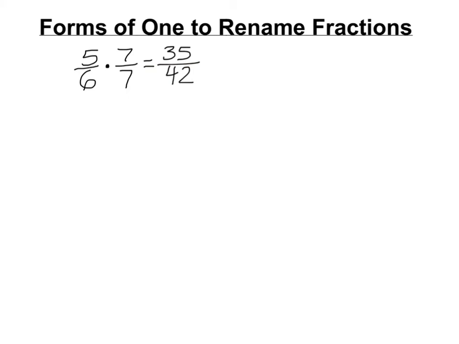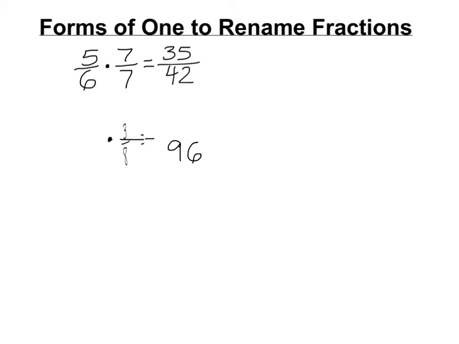This can be helpful on some problems where we may end up in a problem such as 3/8, and we may want to change this so that it becomes some number of 96. Well, in order to do this, I'm going to use a form of 1.